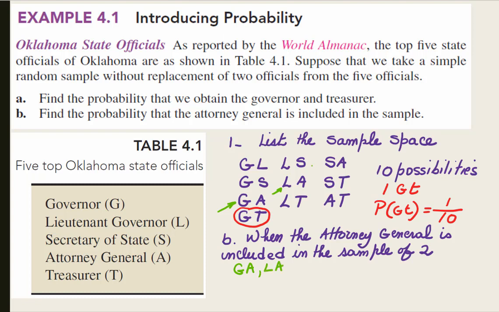So GA has it, LA has it, SA, the Secretary of State and the attorney, and AT, the attorney general and the treasurer. So the probability of having an attorney general involved is 4 out of 10, 4 cases, which is 2/5 or 40%.